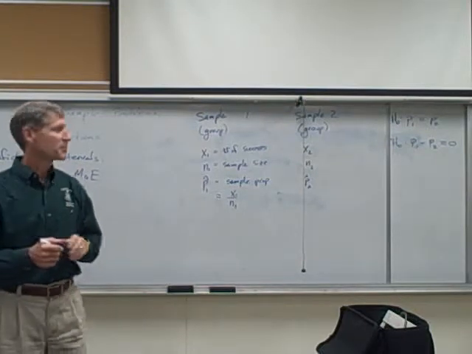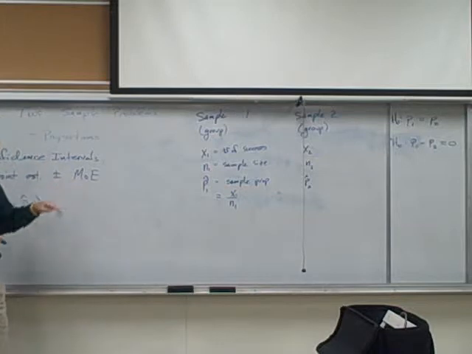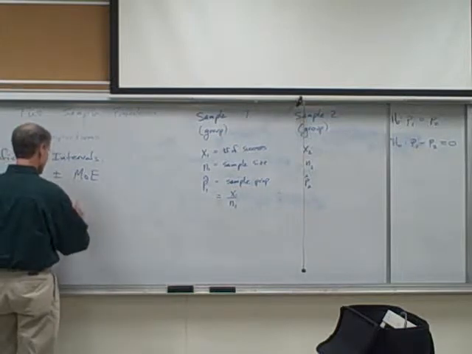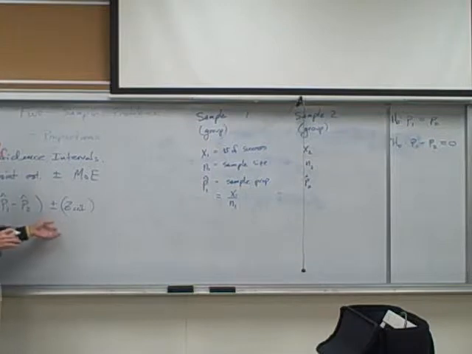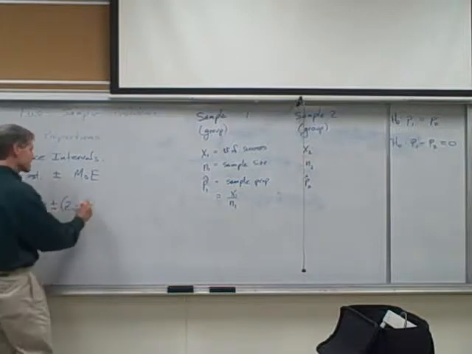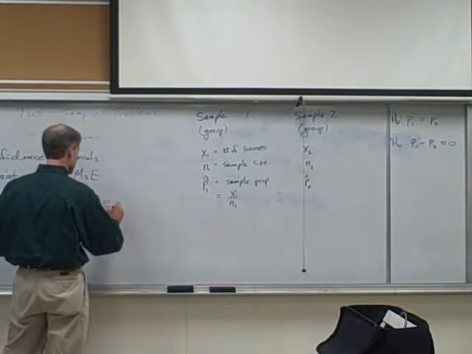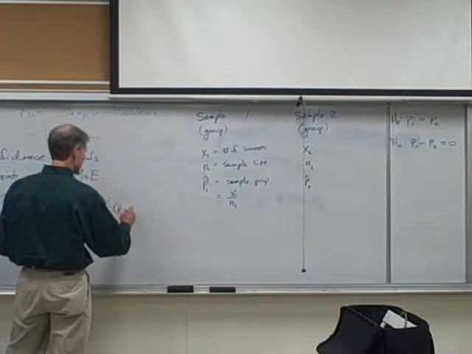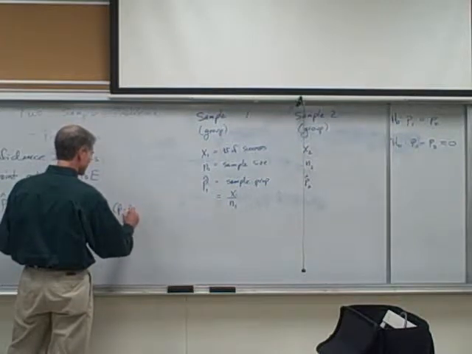Now for proportions problems, what is that critical value? Z or T? It's a z. So this will be a z critical value. Remember that's 1.96 or 1.645 depending on what your confidence level is. Then we need the standard error of p hat 1 minus p hat 2.